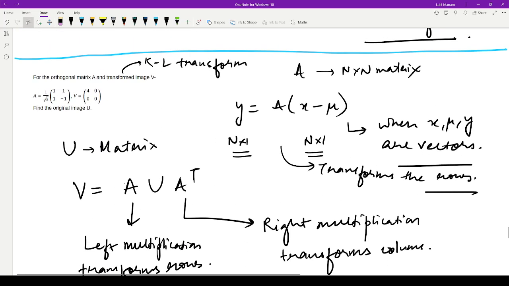If you see, is A orthogonal in the given question? Yes, no? The dot product of a column with itself is?